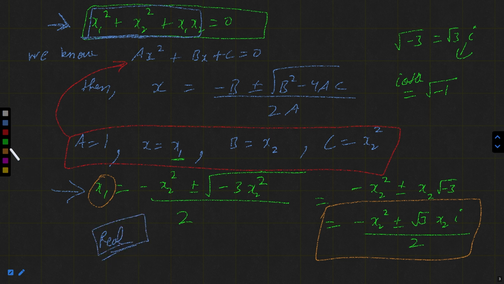That's why I said that x1 square plus x2 square plus x1 x2 cannot be equal to 0, because in order to have this expression equal to 0, x1 and x2 both must belong to the set of complex numbers. That means we are not talking about the real numbers, but we are in real numbers. So in real numbers this equation cannot be true.